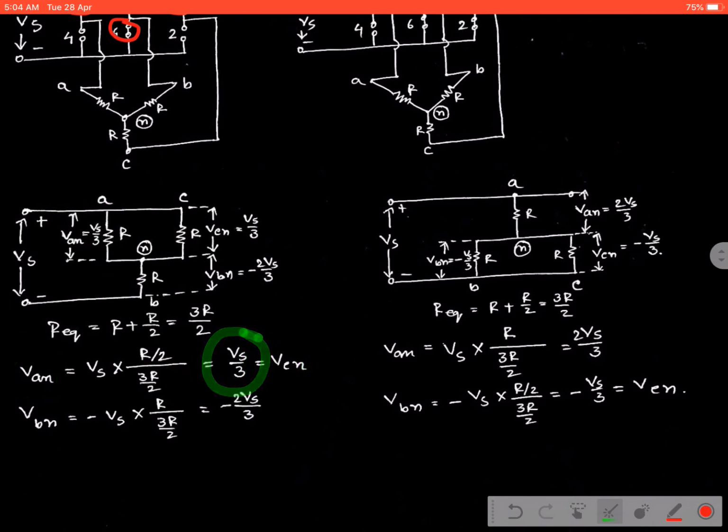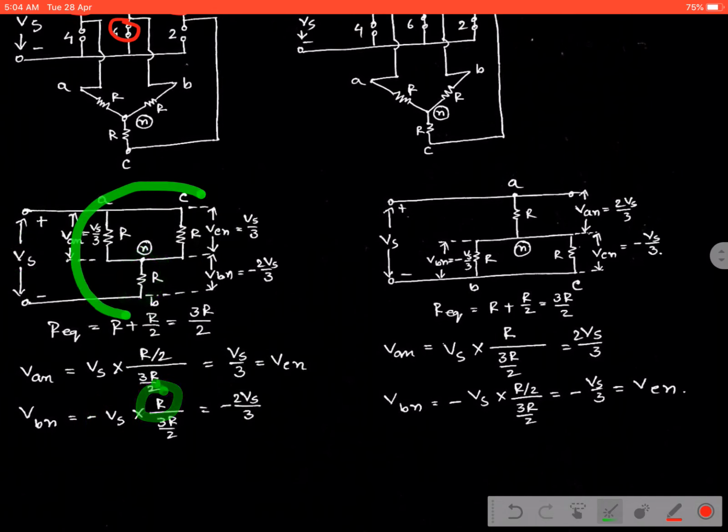Similarly, in the next case, for point B, again using the voltage dividing law, the supply voltage Vs times the resistance R, divided by the total equivalent resistance, that is 3R by 2.